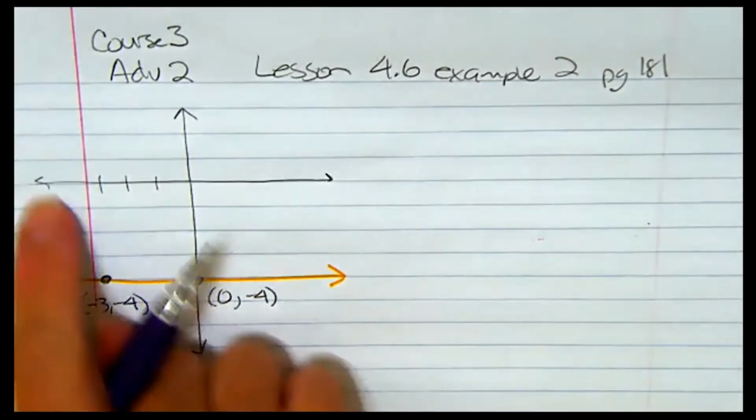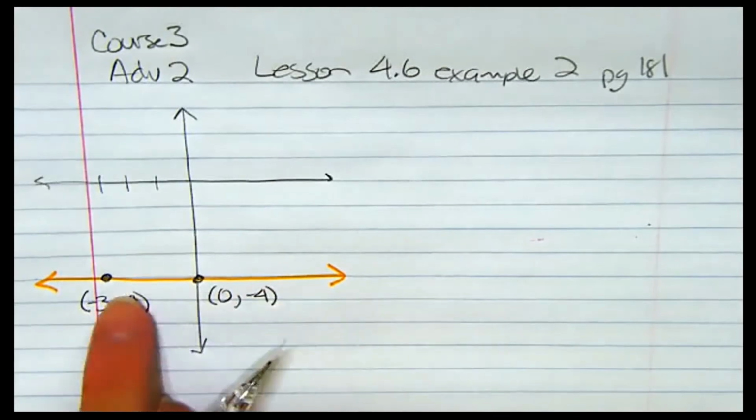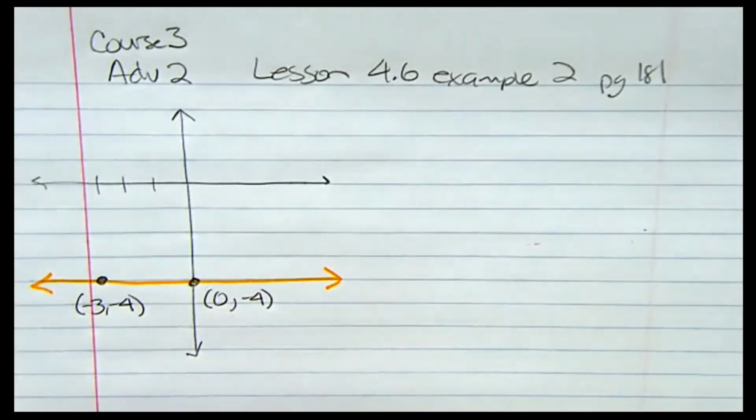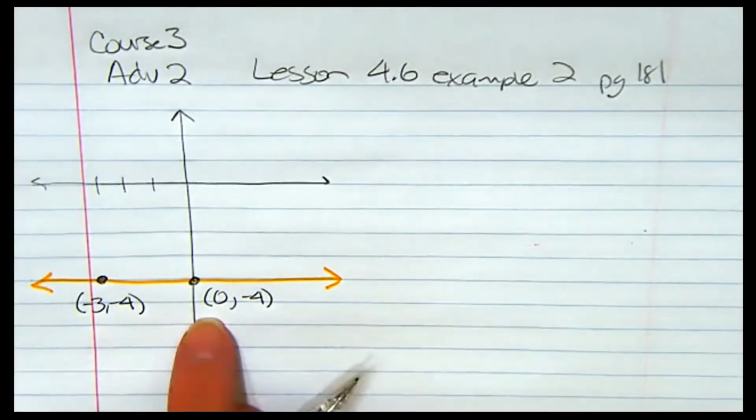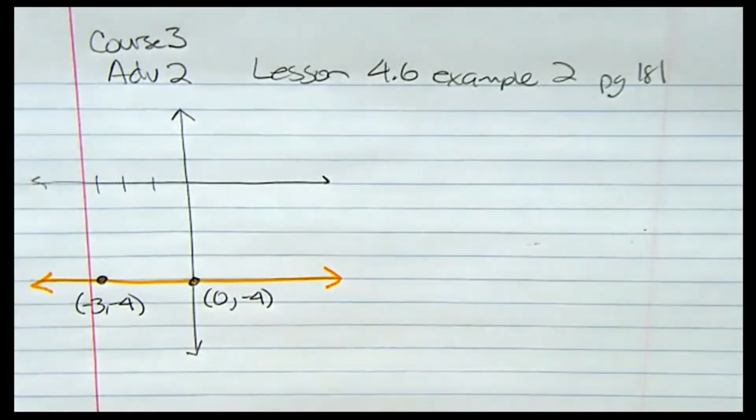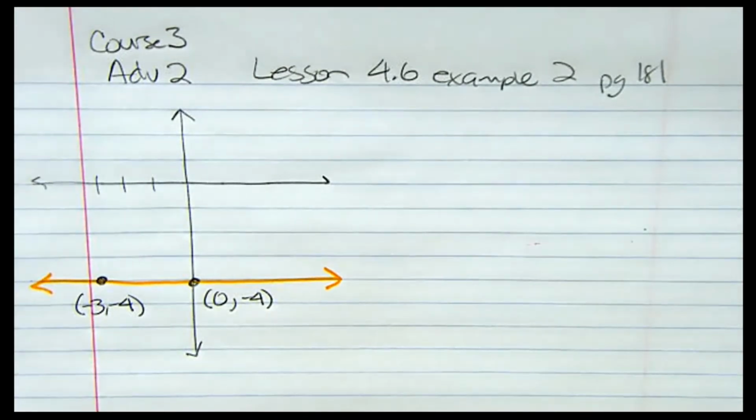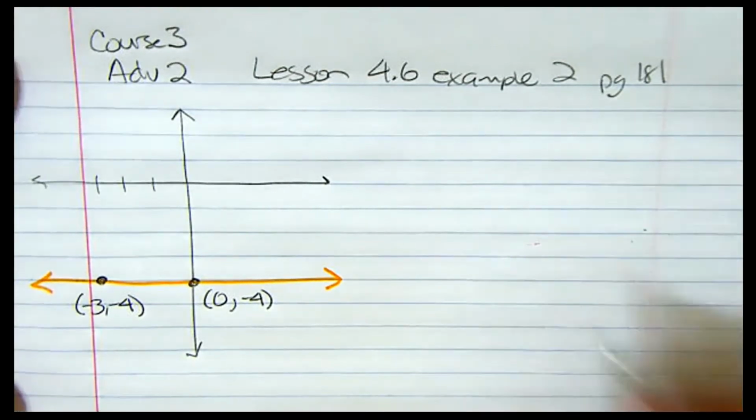So this is the graph that they give us, and this is the line. And they want us to write the linear equation for this. Okay, we can handle that.